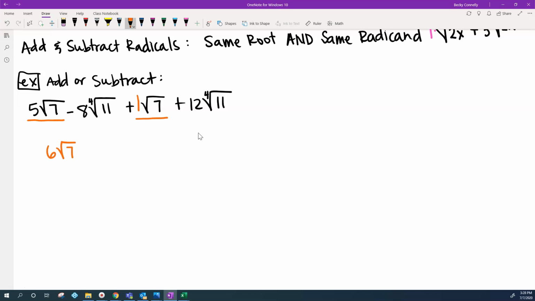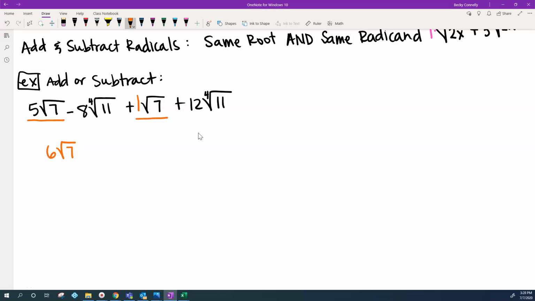Notice I'm just adding the outside numbers together, and then what's inside stays the same, kind of like a common denominator. When you're adding and subtracting fractions, your denominators have to be the same, and then they stay the same. Same thing happening here. They have to be the same in order to add them together, and it stays as that square root of 7.